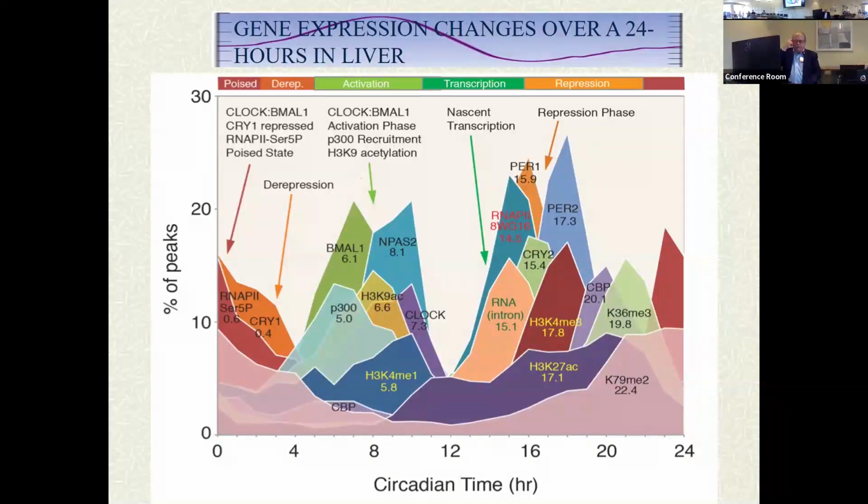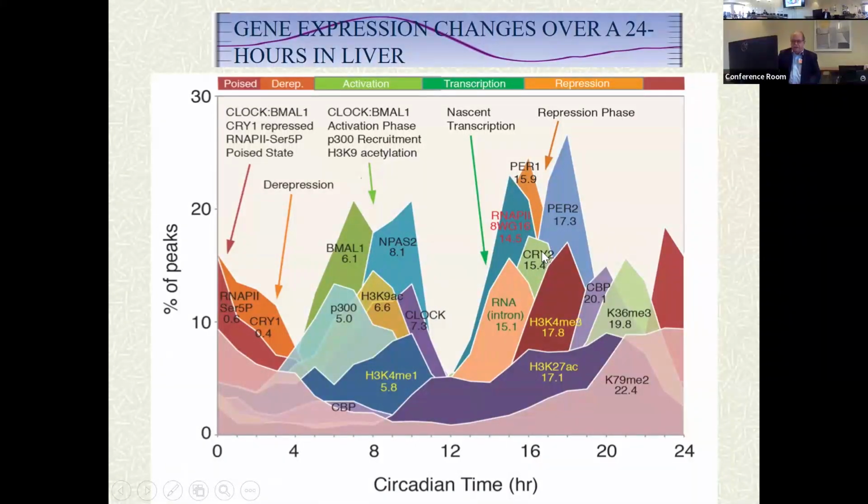Now, gene expression of 24-hour period in the liver. This is a good example that a lot of things are going on in the liver that have a circadian rhythm, including the genetic expression. And you've got cry genes, and BMAL, which we talked about here, a clock gene, which is there.